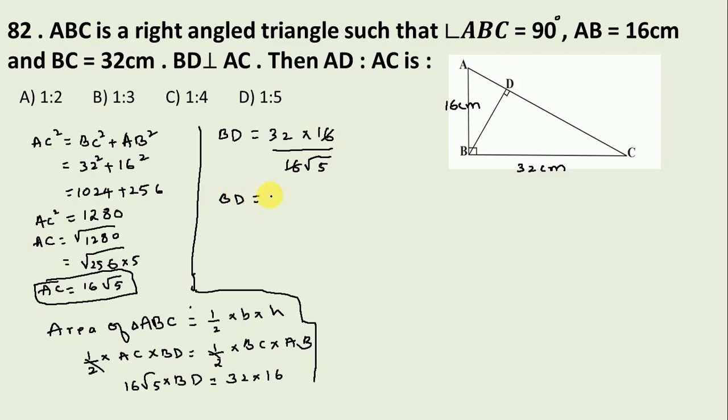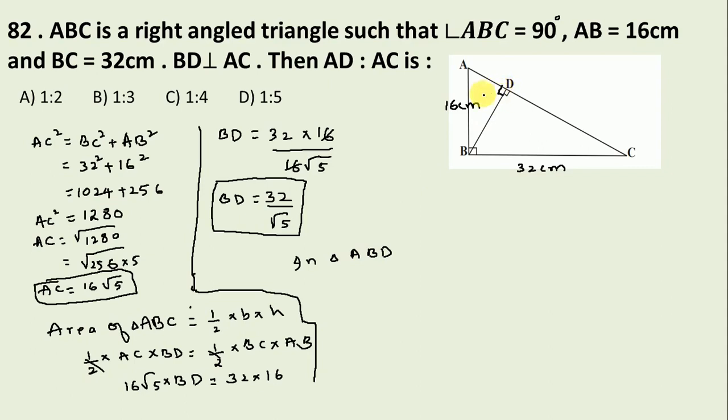BD is equal to 32 by root 5. Next we find AD. For that we take the triangle ABD, where D is 90 degrees.